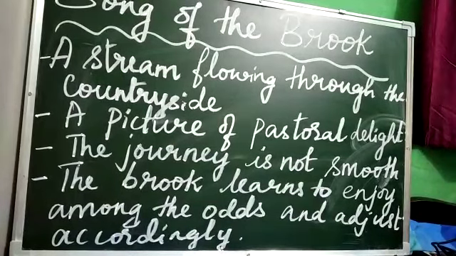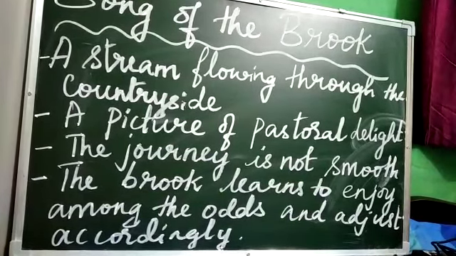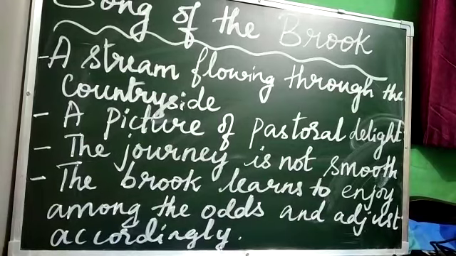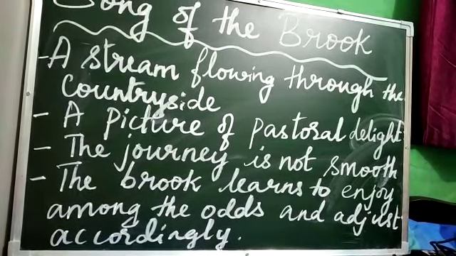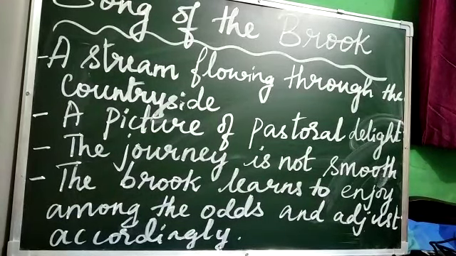The message given by the poet to us in this poem is that the brook's journey from its origin till its joining the brimming river is man's journey through life from birth to death. Just like the man, the brook struggles against the odds of life, in the same way a man struggles through problems.